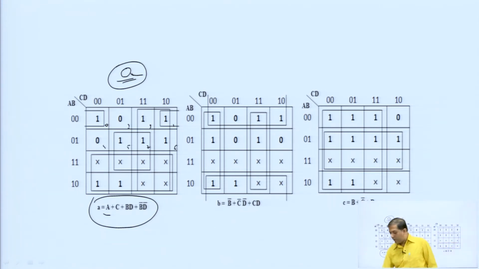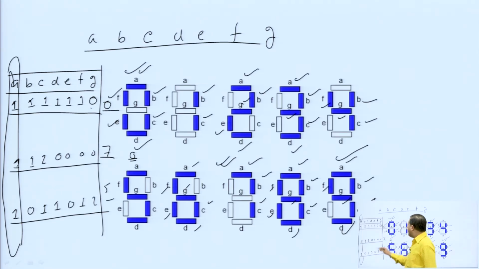Like that, if we make a K map for this B, I have not written the full truth table, you can complete it by yourself, okay, and this truth table will be there from 0 to 9, and from 10 to 15 that will be all crosses. Okay.